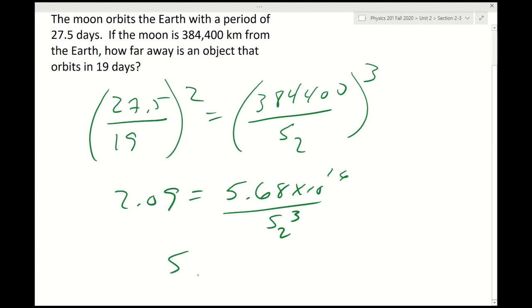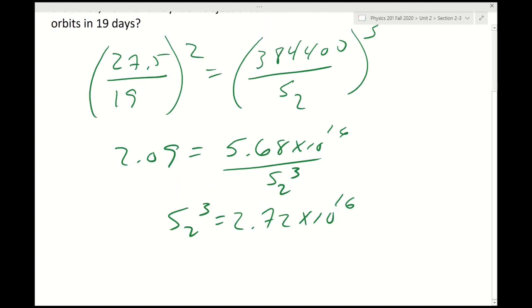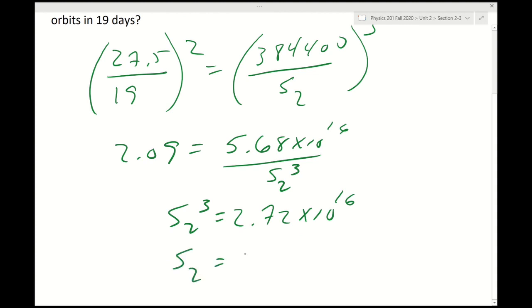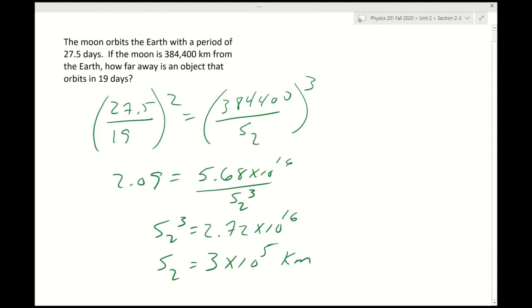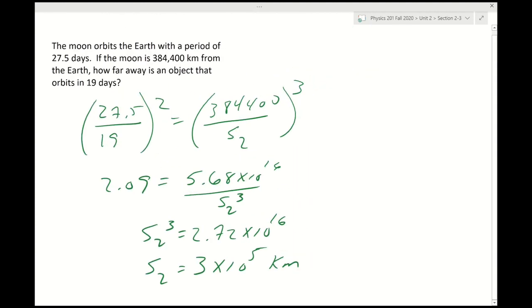So the S2 cubed is going to be approximately 2.72 times 10 to the 16th. So that the object is about 3 times 10 to the 5th kilometers away. So in this case, it's about 300,000 kilometers, which is most of the distance to the moon.